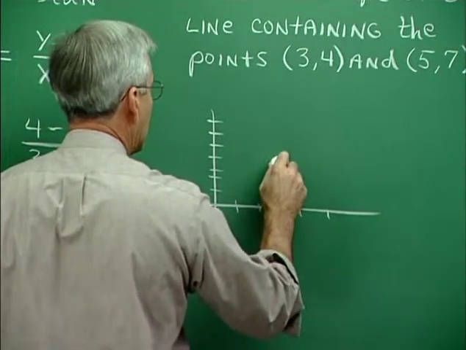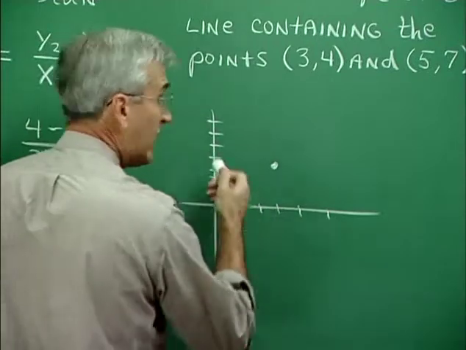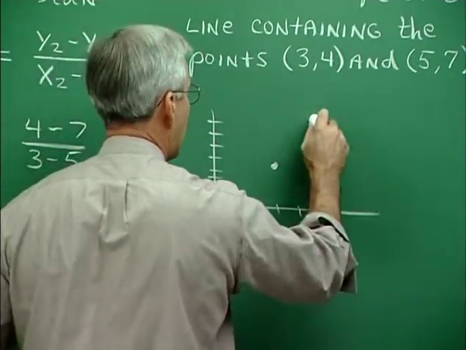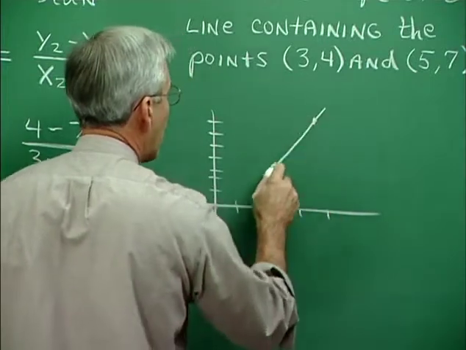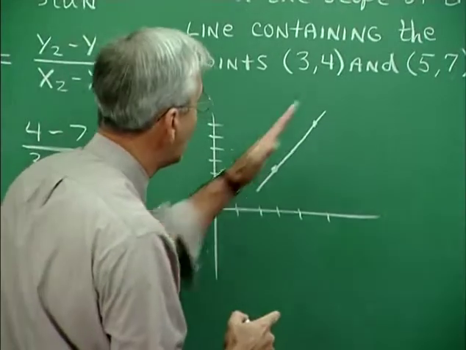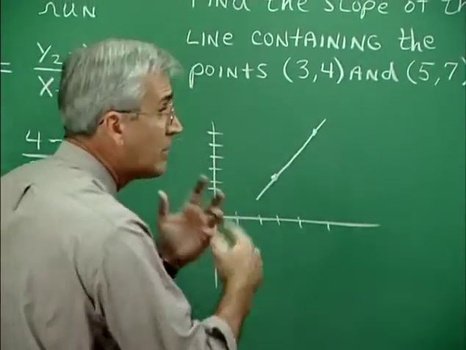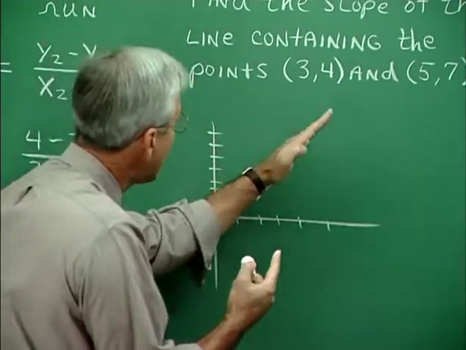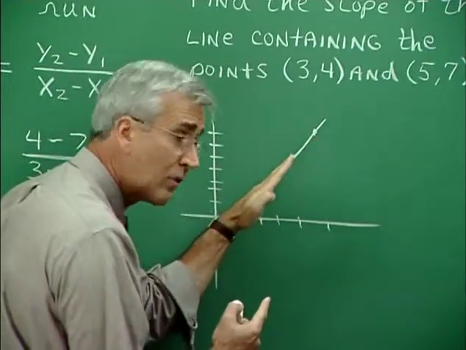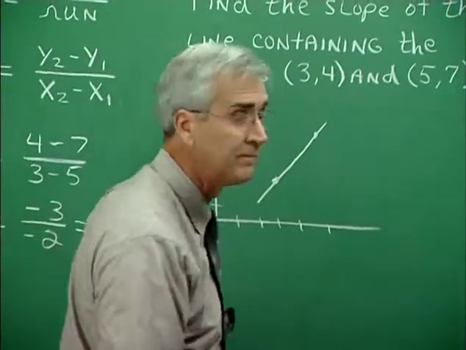I had to jam these just a little bit because I don't have a lot of room here, but let's see, and then 5, 7. That's up about right here. So yes, indeed, this is about what we would expect. A slope that is positive is going uphill from left to right. And because it's 1.5, it has a little more steepness than a 45-degree angle here, which would be a slope of 1.